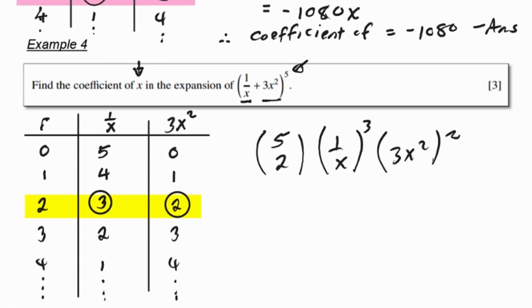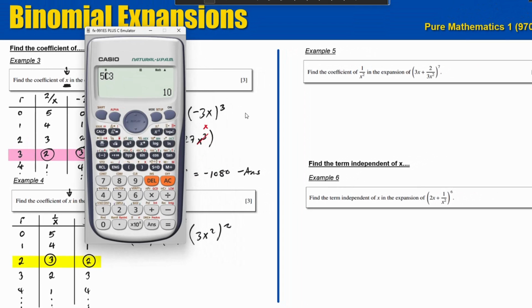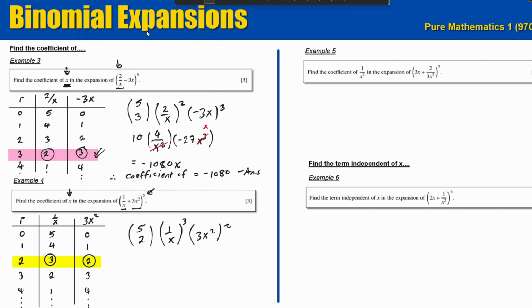So power of 2 here. And we simplify it. Okay, 5 choose 2 is 10. All right, so we have 10, and that's of 1 over x cubed, and that's of 9x to the 4.